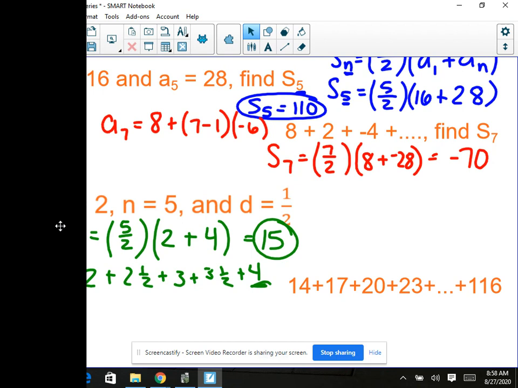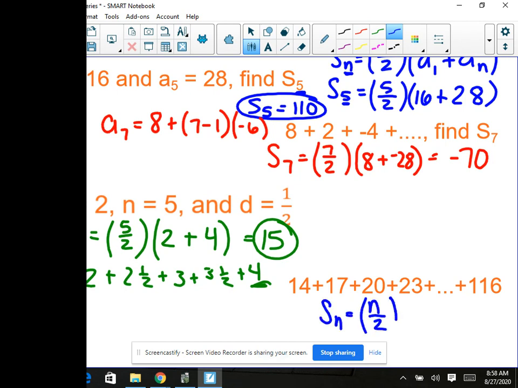I think my mind's thinking to the shortcut of the geometric one, so bear with me on that. So if I have S sub n, I don't know what n is. I know my first term, and I know my last term, but I don't know what term number 116 is. Okay?